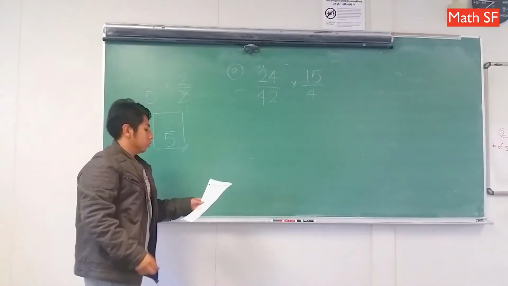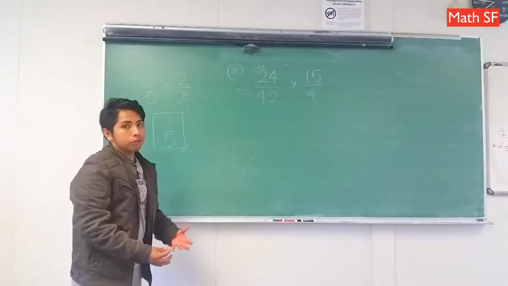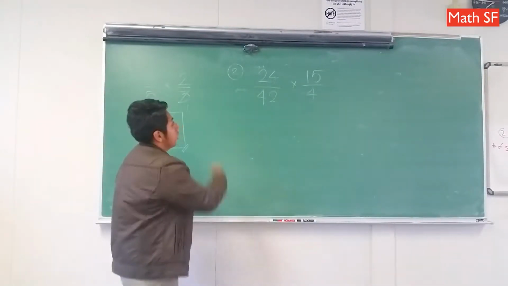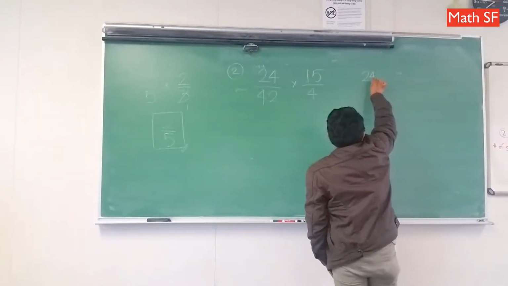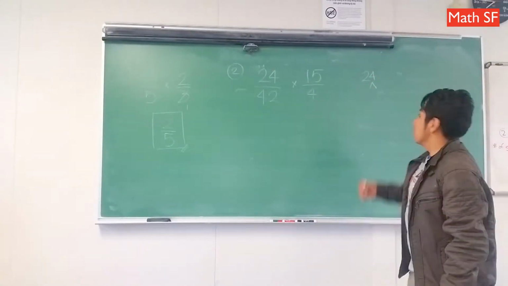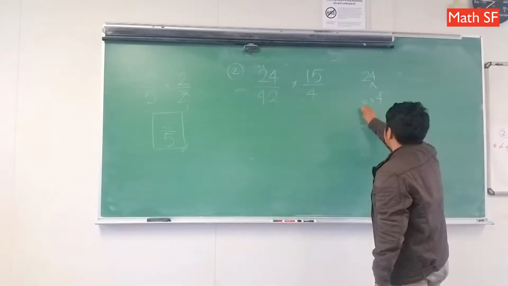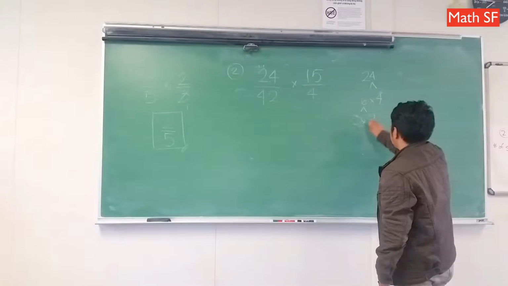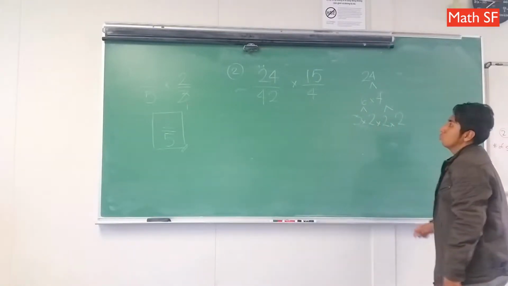In this case, we have to write each of them as a product of prime numbers, which I'm going to do on the side. That 24, what times what gives me 24? 24 can be written as a 6 times 4, and that 6 can be a 3 times 2, and that other 4 is a 2 times 2.